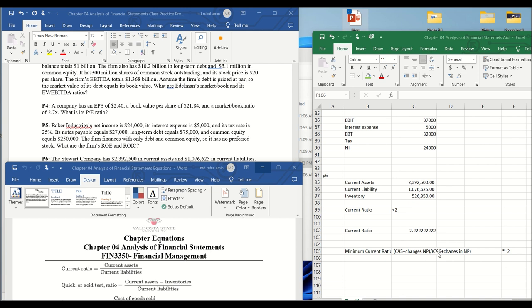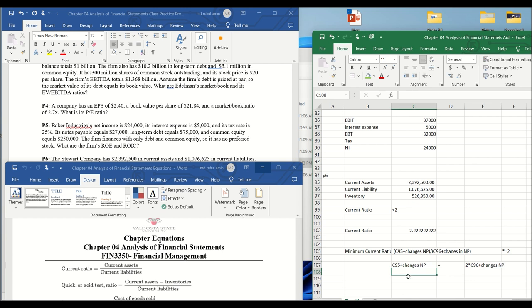So I want to play with this model. How can I show you? The first part, C95 plus change in NP equals 2 times C96 plus change in NP.